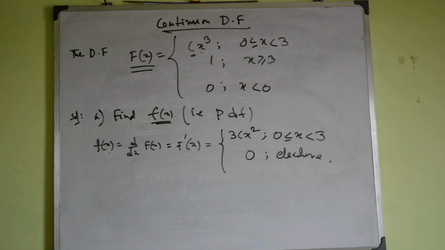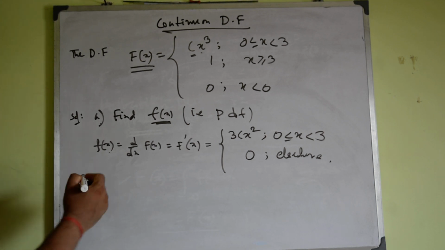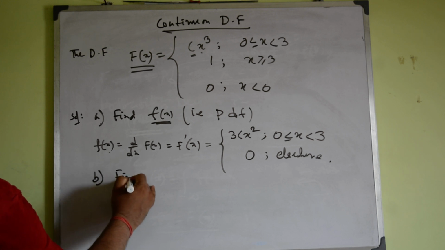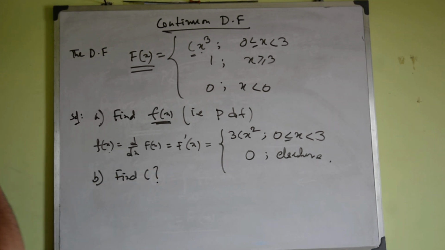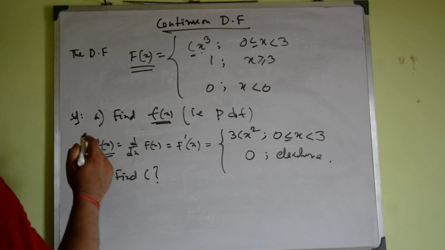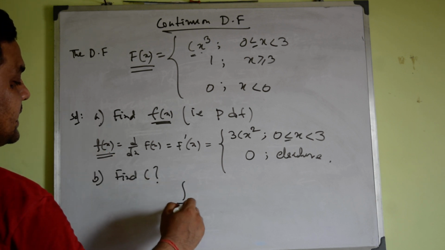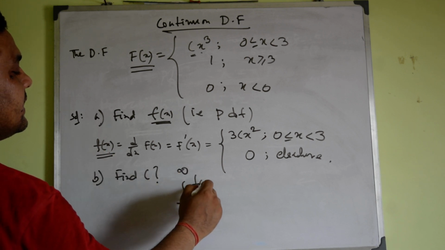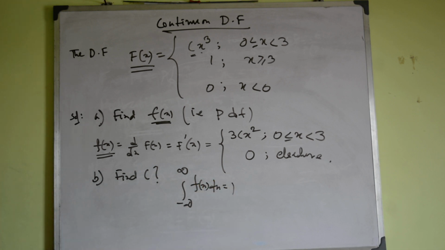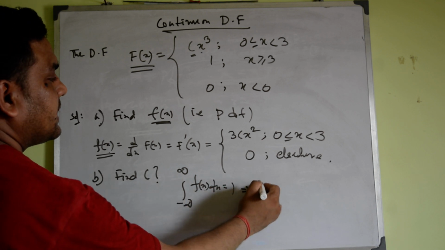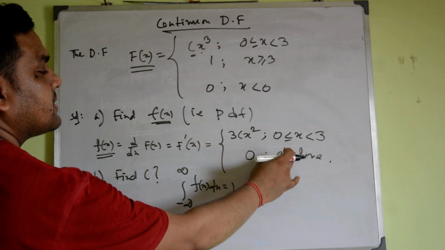Now the next question is find the value of the constant c. How to do this? From the definition of the density function, you know that the integral from minus infinity to plus infinity of f(x) dx is equal to 1. So if you integrate it, this implies the integral from 0 to 3, because elsewhere it is 0.